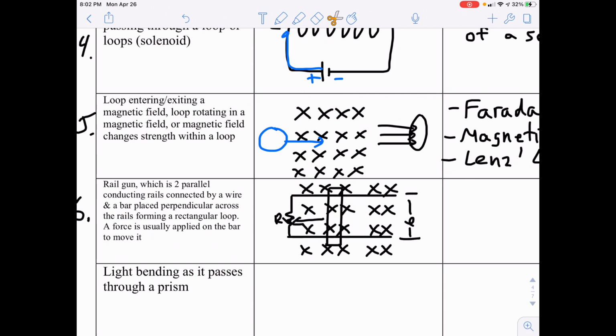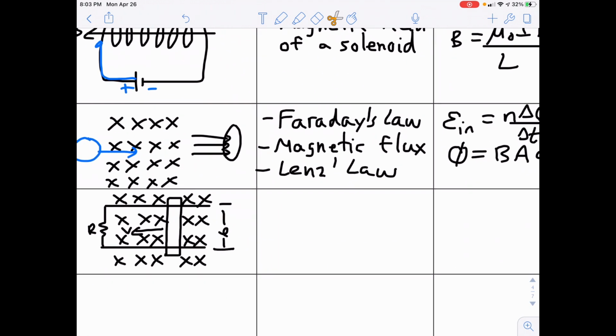Now, if I pull the bar closer this way, you can see there's fewer field lines passing through that loop, which means the flux got smaller, right? Or I could pull it the other way, in which case the flux is getting bigger. So by pushing or pulling that bar in one direction or the other, you're getting a situation of induced EMF.